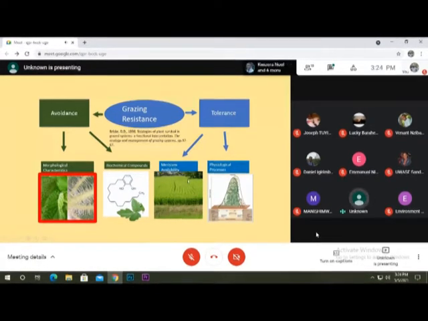The other thing you can do for tolerance is have a lot of meristems, a lot of buds. So if somebody eats one branch or a few leaves, it doesn't matter; you keep making more with your meristem. We can't address these in the fossil record, but we can address avoidance, particularly the morphological characteristics.